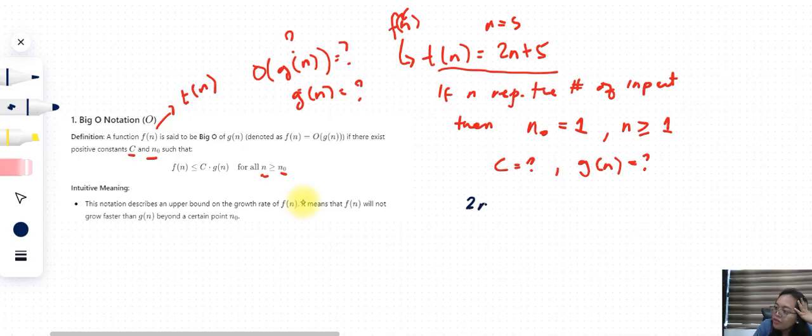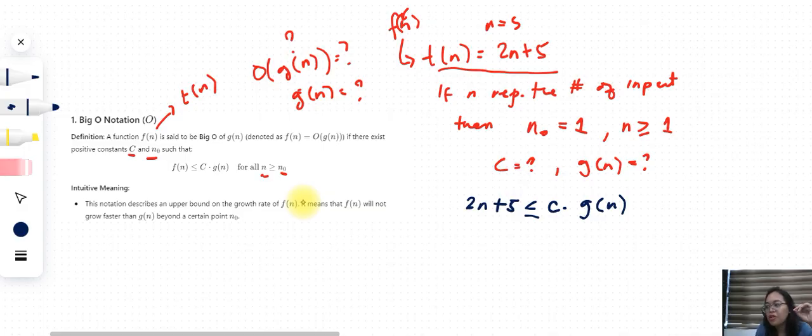So 2n plus 5 is less than or equal to c times g of n, which we don't know yet. Now, class, when you look at the runtime of your algorithm, your t of n, the first thing that you will need to do, pinakauna, always remember, is to look at the highest increasing term.